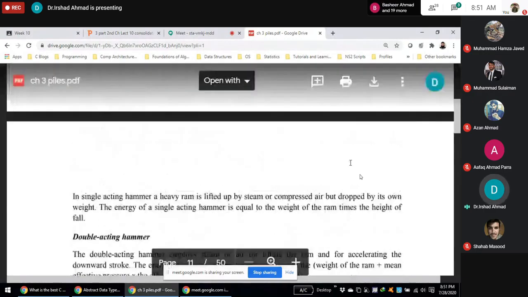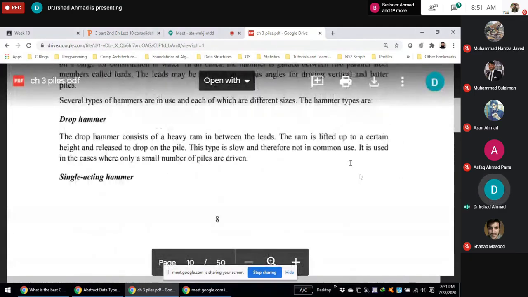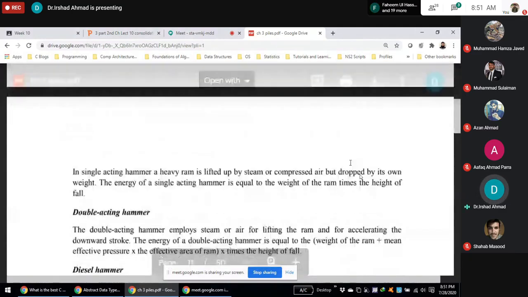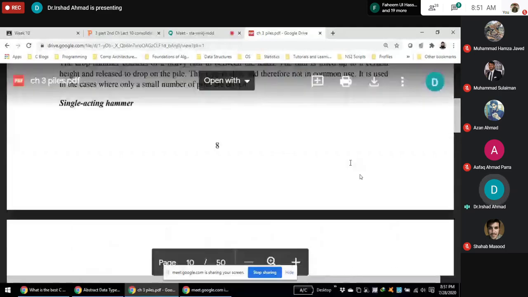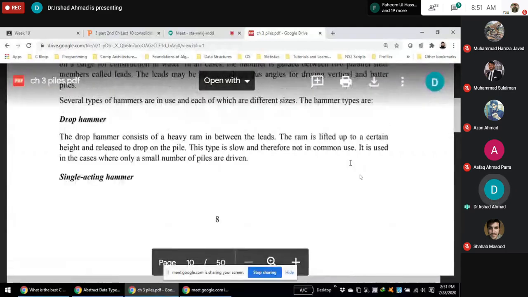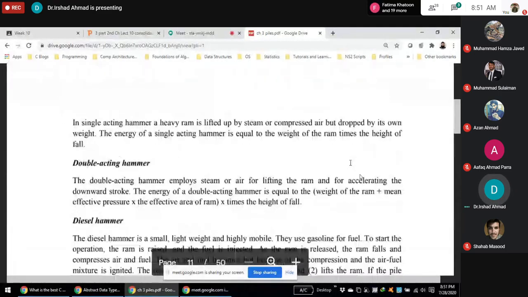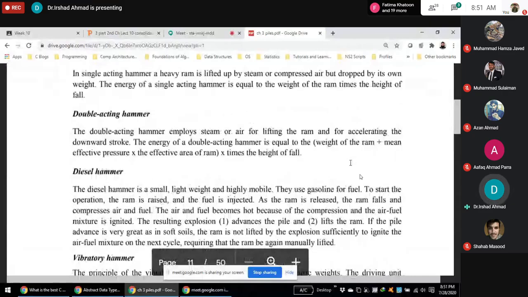So the advantage here between drop hammer, single acting hammer, and double acting hammer is the headroom. Because for drop hammer and single acting hammer, you need headroom. If you are working under a bridge or inside a building, you don't have headroom, right? So double acting hammer requires a small headroom, because you don't have a free fall, rather you have air or steam pressure.